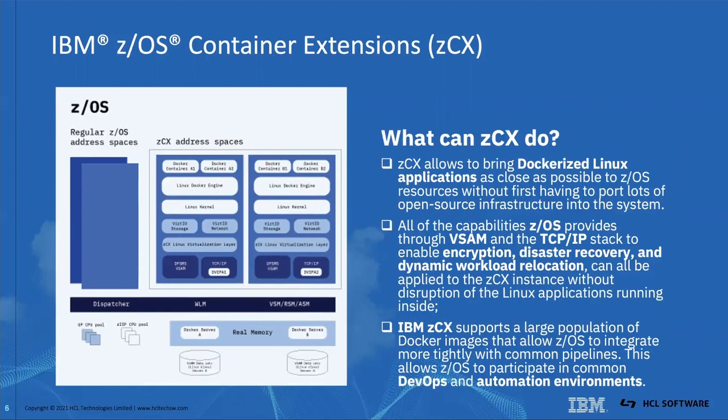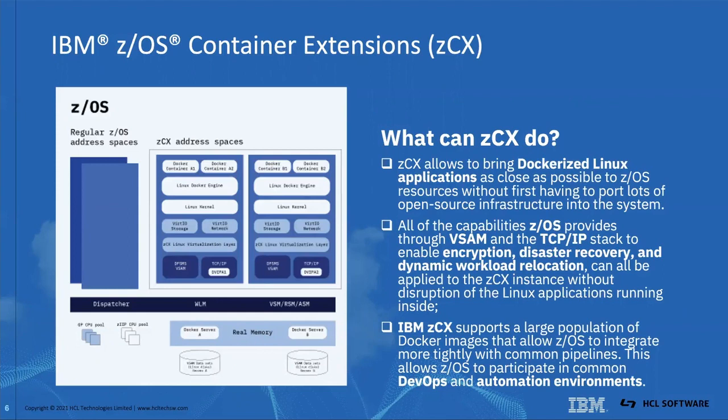So what exactly can zCX do? It basically allows you to bring these Dockerized Linux applications very close to the z/OS resources, without the need of importing every part of an open source infrastructure into the z/OS system. zCX is just what you need to run these Dockerized Linux applications on z/OS.